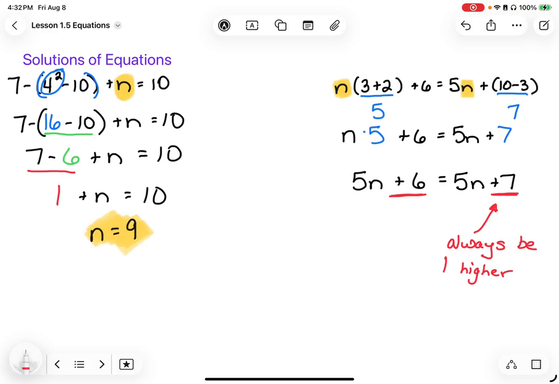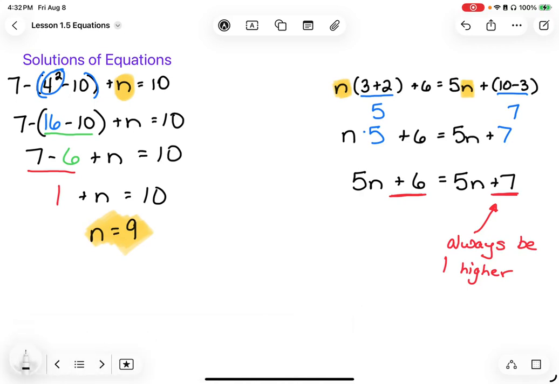So no matter what number I put in place of the n here, the right side is always going to be higher than the left side by 1. So there is no value of n that will give me a true statement here. No matter what number I put in for n, I'm going to have one side higher than the other.